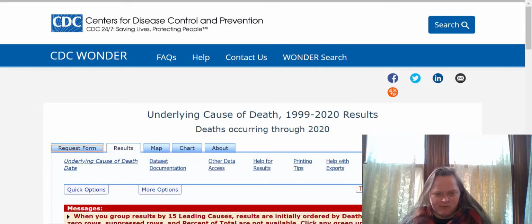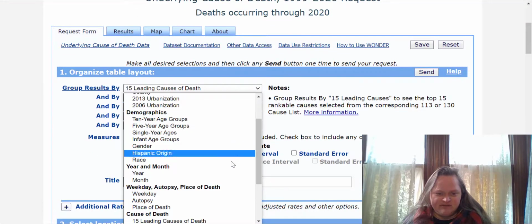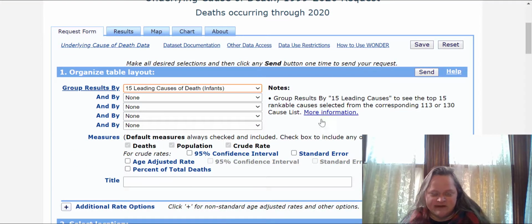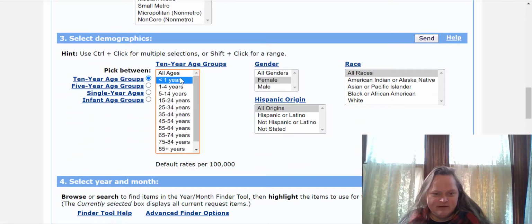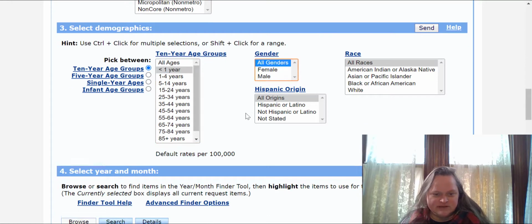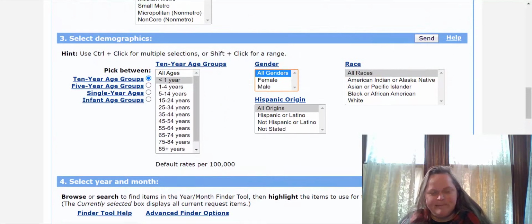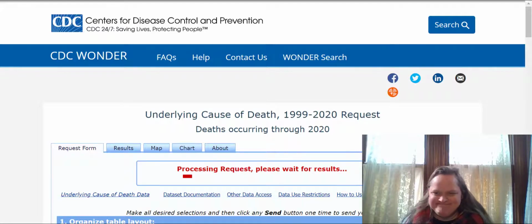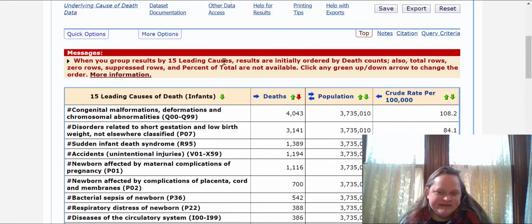If we go back to our request form, I want to show you 15 leading causes of death, and we're going to do infant mortality. I'm going to do under 1 year, all genders, and I'll keep it on 2020. There's a different cause of death list for infant mortality, just because things that kill you when you're under 1 year old are a different kind of thing.